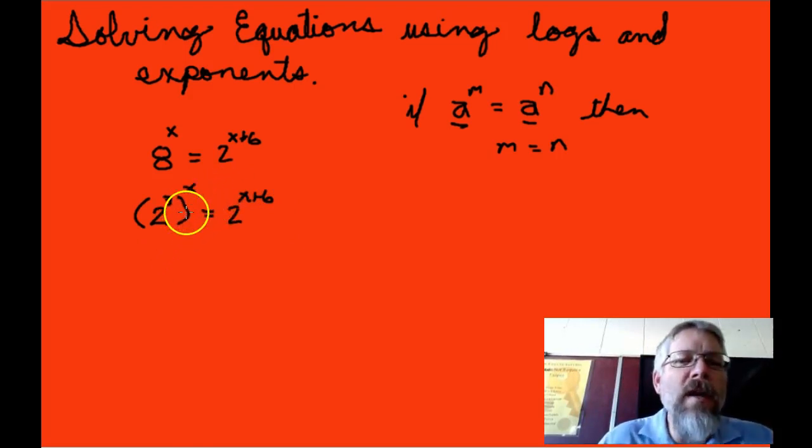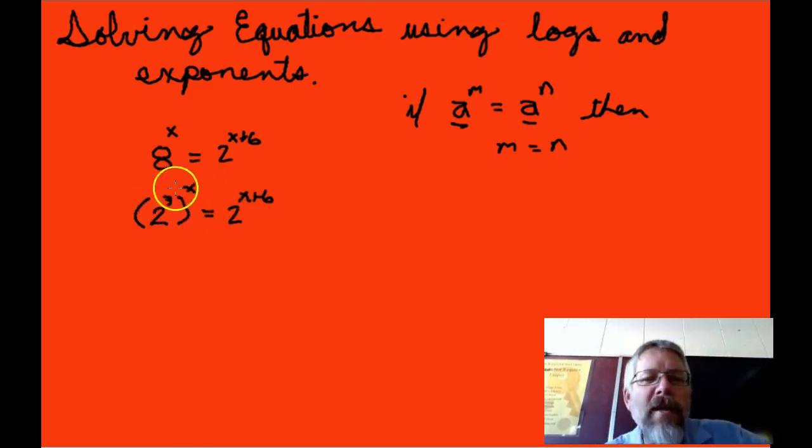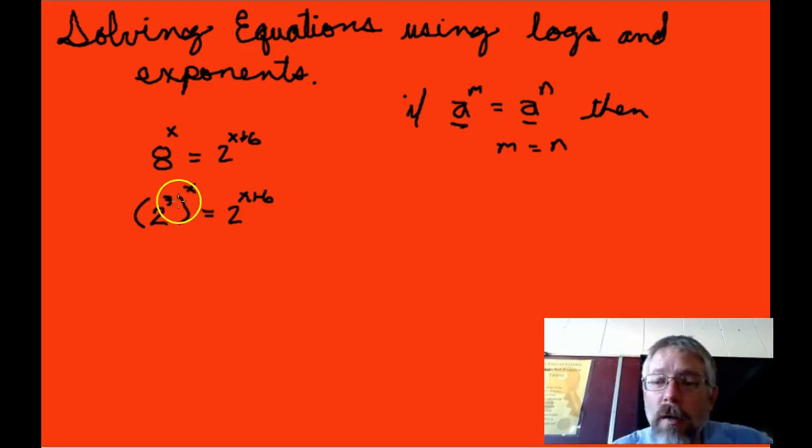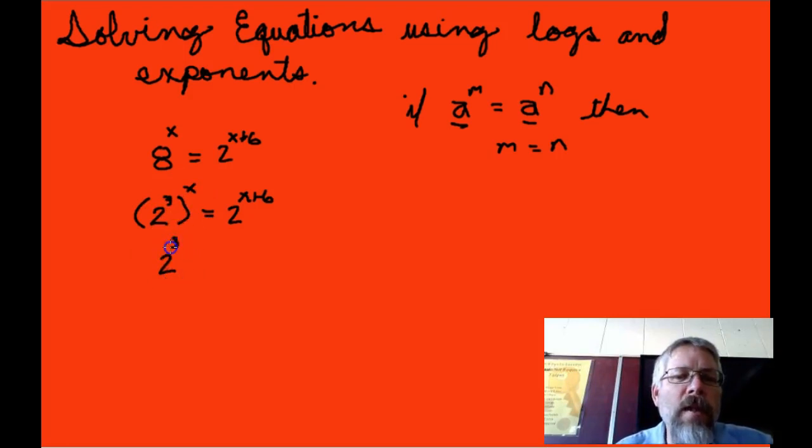Now, using our properties of exponents that we learned so long ago, when I have 2 cubed to the x, when you have a power to a power, you multiply the powers. So now I have 2 to the 3x power is equal to 2 to the x plus 6 power.